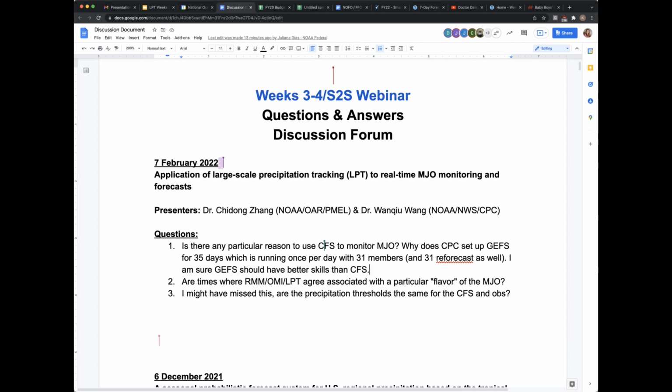Our evaluation also indicates that further improvement is required, including the use of additional members and models for real-time application. So that's what we have for today.